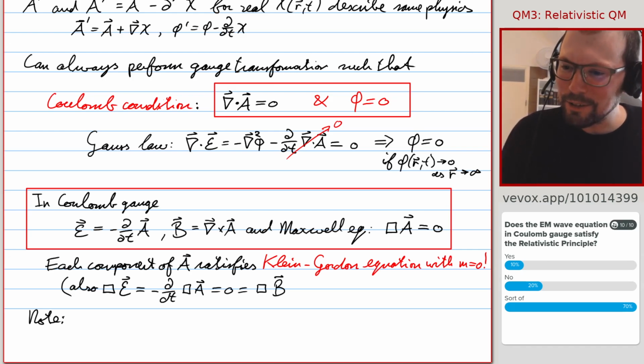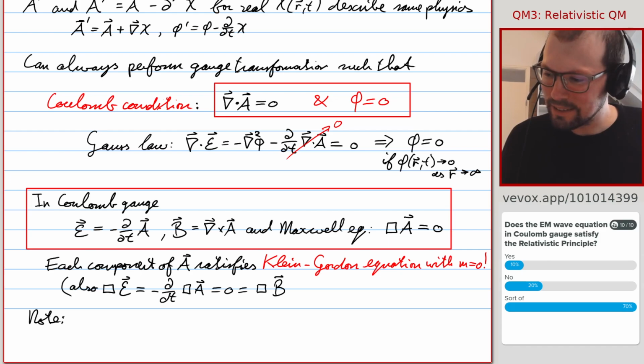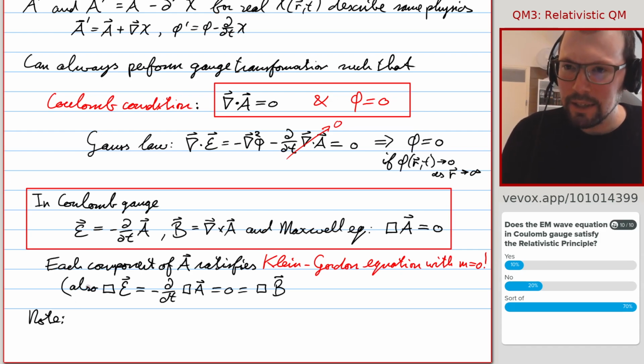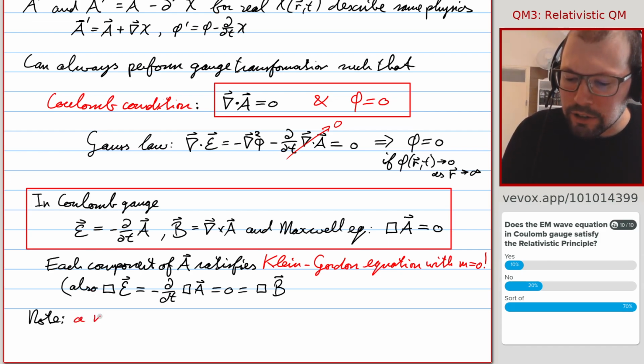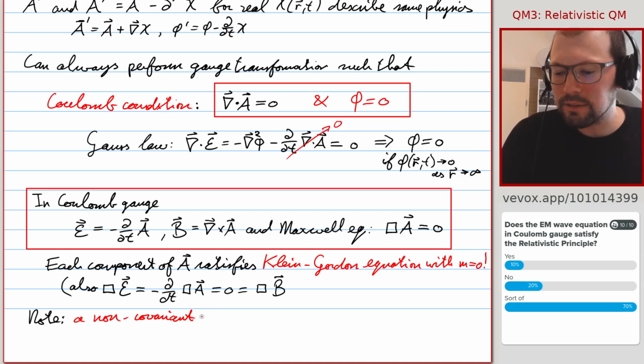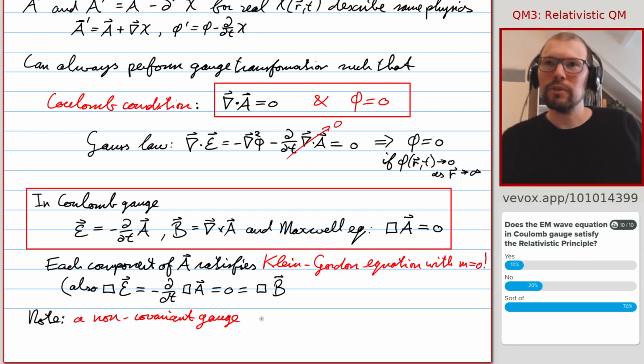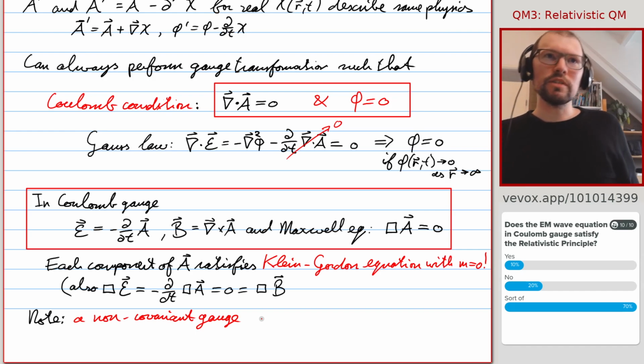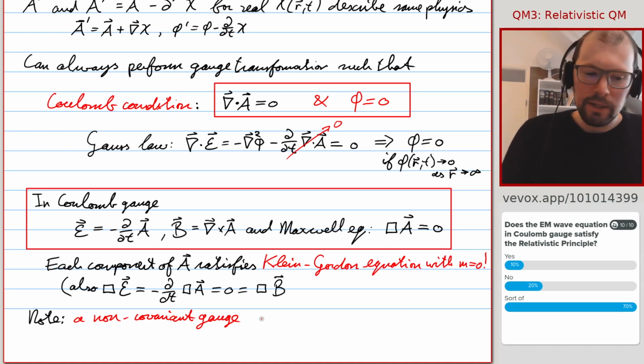So let's summarize this. This is a non-covariant gauge. We're giving a special role to the time component here.